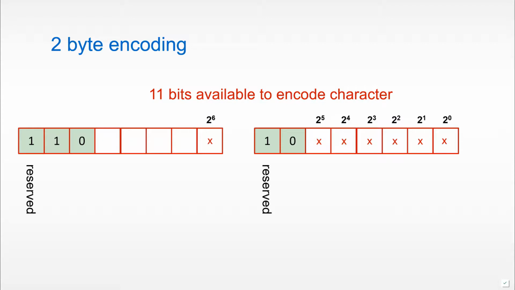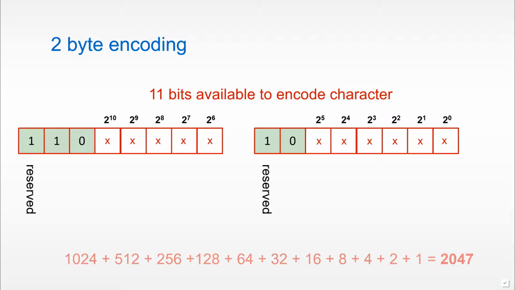So we will have 2 to the power of 6 already belonging in the other byte, getting us all the way up to 2 to the power of 10. So in this case, we have 11 different bits available to us, making the whole possible set of characters a lot bigger. And in fact, we have 2047 of these. So we have 2047 possible characters we can encode with 2 bytes, which is very neat.